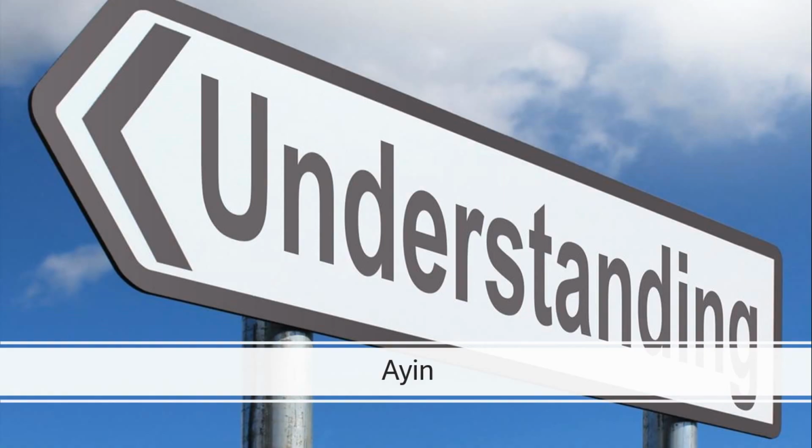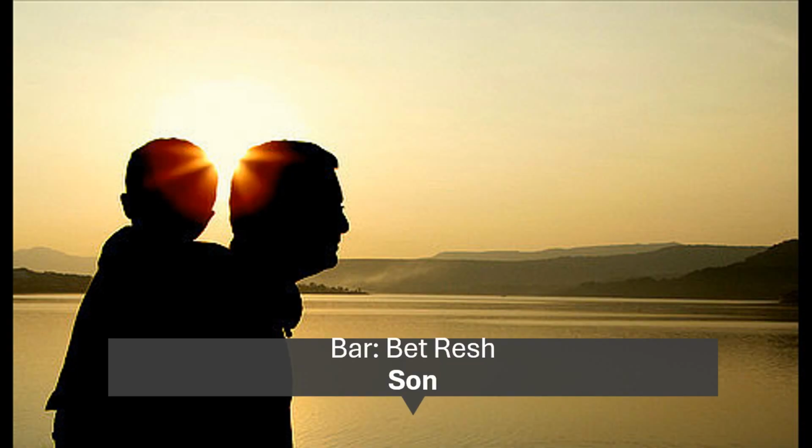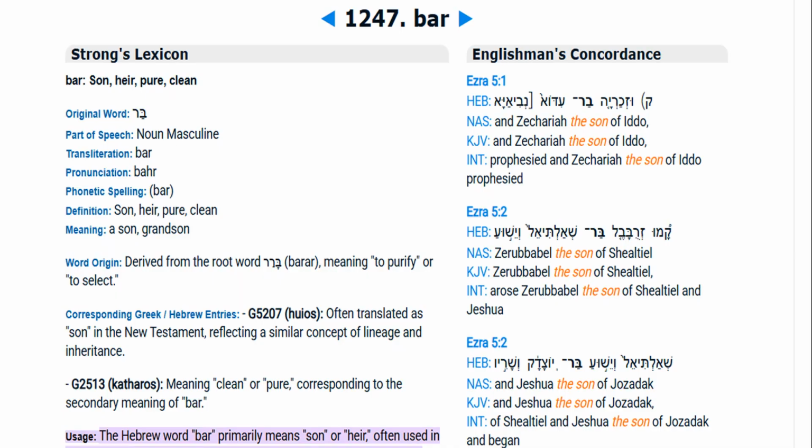So you've got all this put together. You've got the word "the," as in Hey. Ayin is understanding. So bet resh. In Hebrew, bet resh is a word by itself, bar, and it represents a son. Just like ben means somebody's son, so does bar, like bar mitzvah.